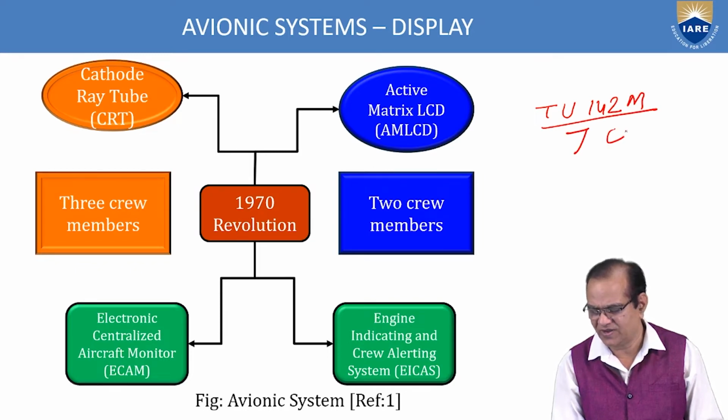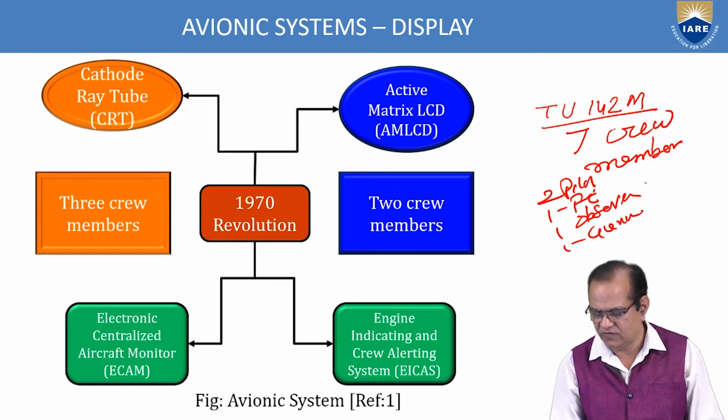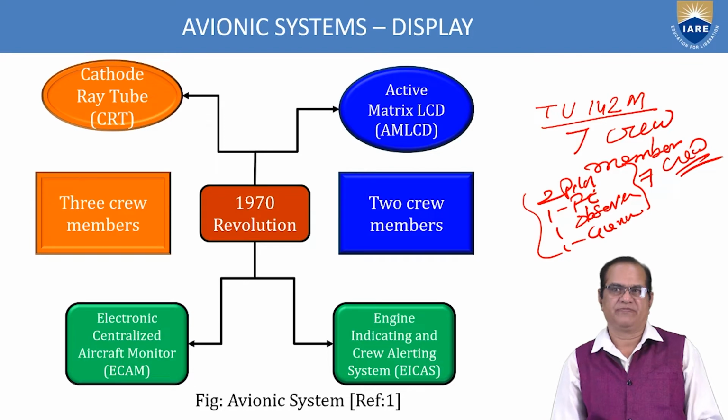We have 7 crew members: 2 pilots, 1 flight engineer, 1 observer, 1 gunner, like this. So there used to be 7 crew members who used to operate.